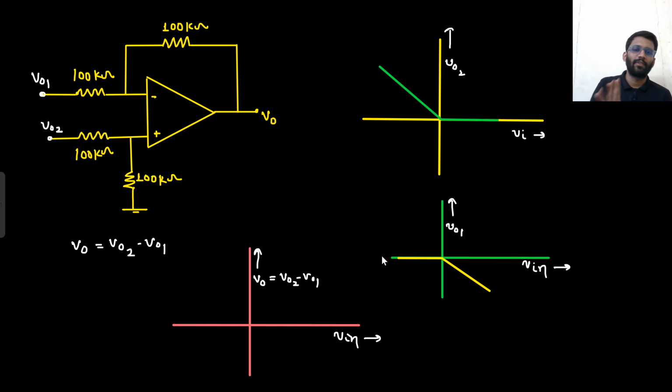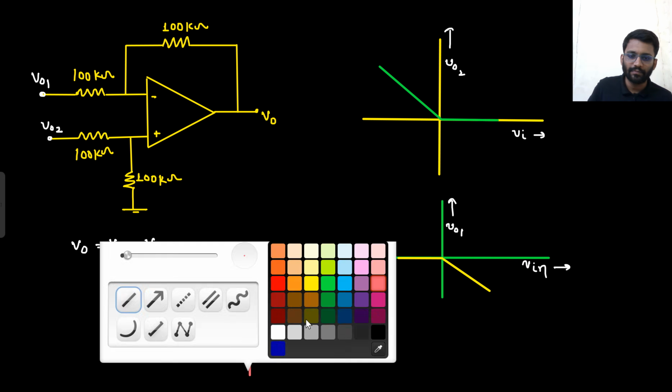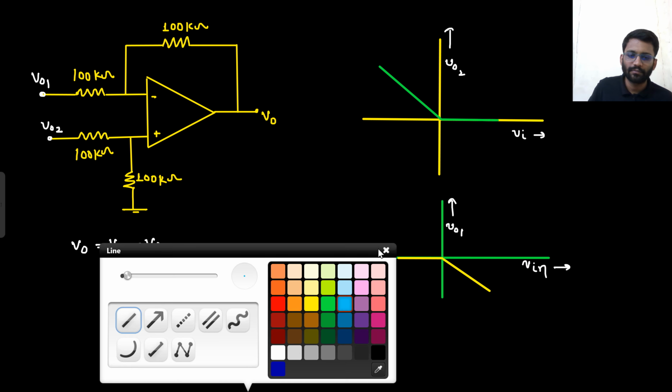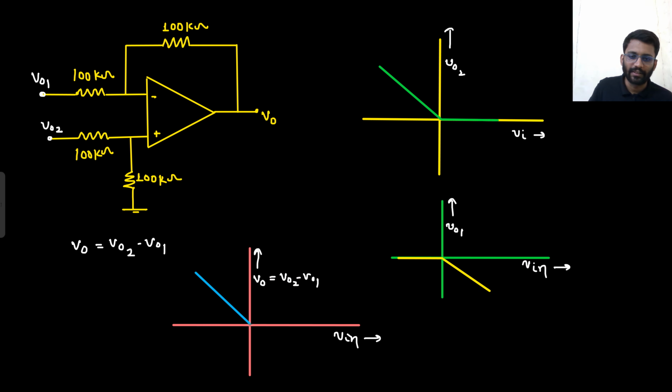So V02 will come as it is. V02 is coming as it is. And then this is your V02. And what is your V01? V01 is becoming negative. So you have to make negative of that, like this.